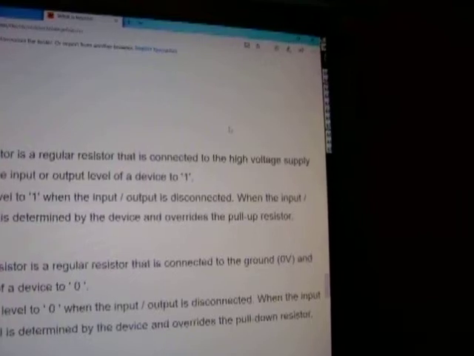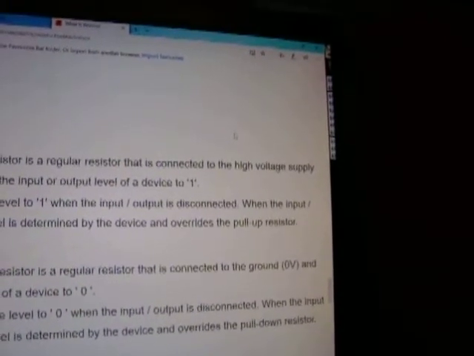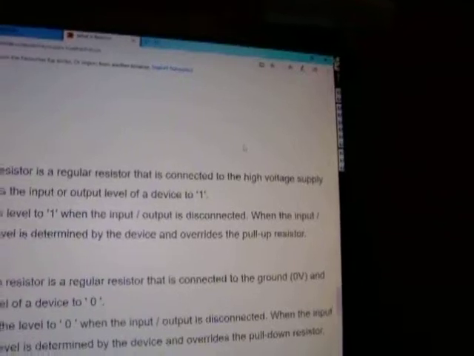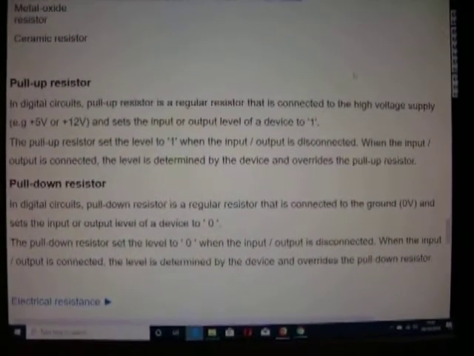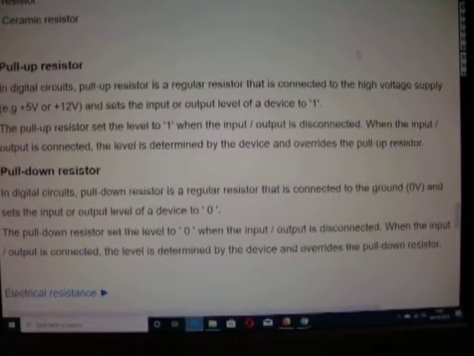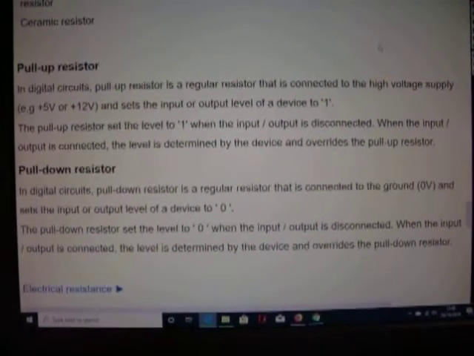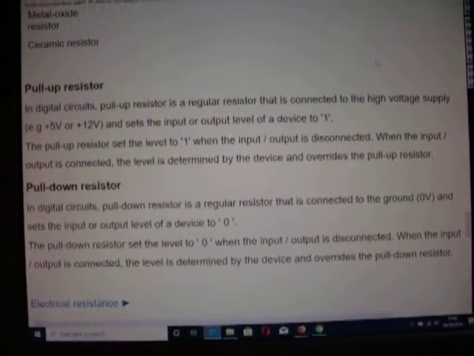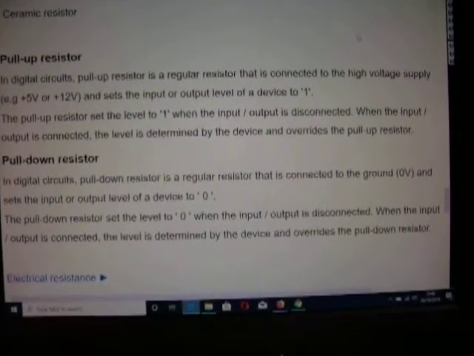When the input-output is connected, either way, it sets it at that level. Now, these are useful for means of controlling devices and so forth. Okay, and you will find in due course you will come across some of these yourselves.